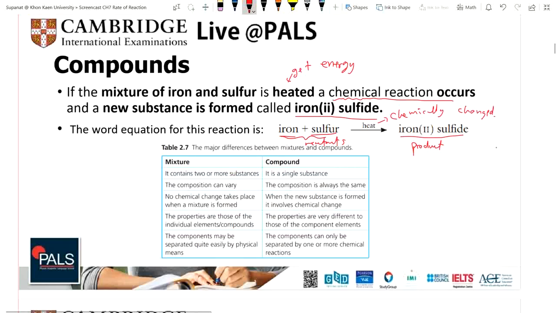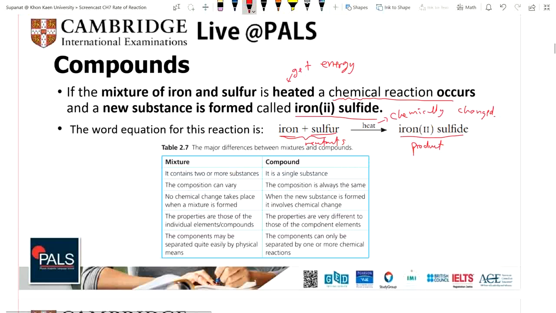So one of the differences between the mixture and the compound is the reaction. If a chemical reaction occurs, that's the compound. But if it doesn't have any chemical reaction, it's the mixture.